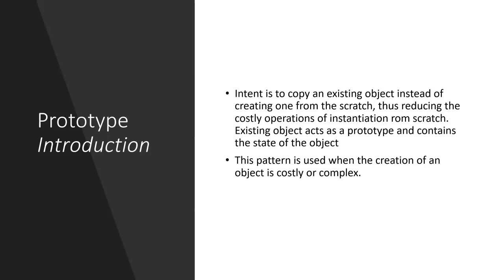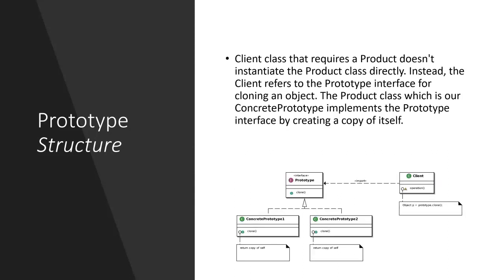This means, as I said, the intent is not to create a new object from scratch, but to copy the already existing object from the prototype, thus reducing the costly operations we had from scratch. And obviously, the scenario where we want to use it is when the creation of an object is costly. In that scenario, we want to achieve that with this prototype. Yes, so when we copy the object, the new object will have all the properties and the values assigned to those properties, right? Yes, correct.